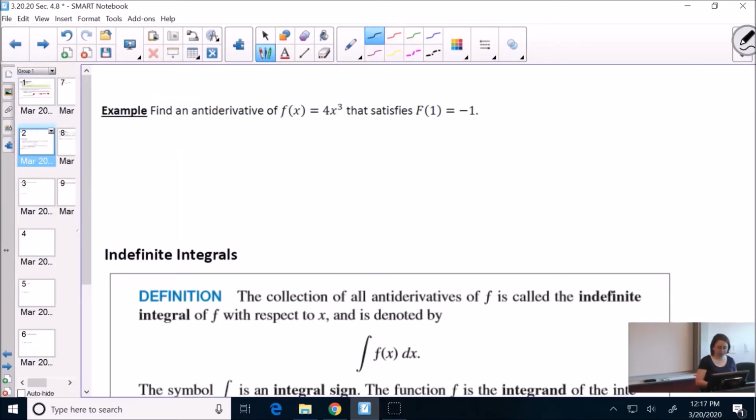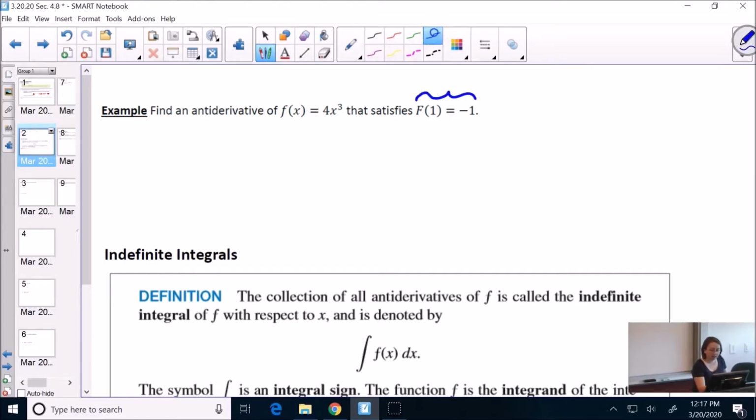So here's our problem. Find an antiderivative of this function, little f. So think of this as being, the derivative is done. Now how do I get back to the original function, the antiderivative? How do I undo the derivative that's been done? And it satisfies this condition. So we're looking for capital F, and this F of 1 equals negative 1, that's going to help us find our c.